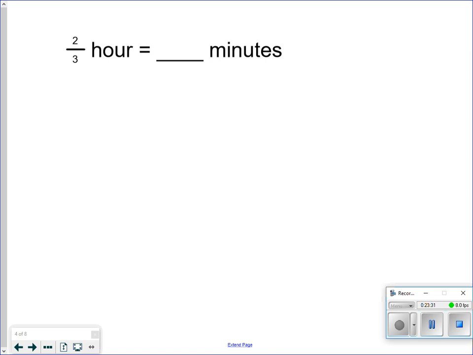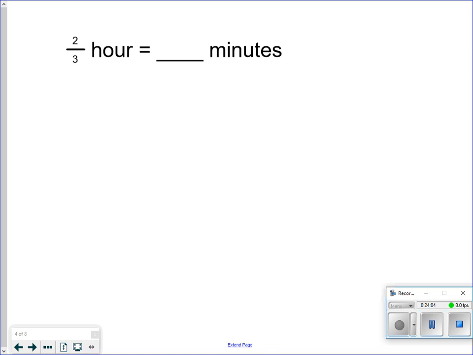So the first thing I'm doing, now again, y'all know that I make a million steps out of everything because I want you to understand where everything is going. Sometimes when you're doing conversions, you multiply. Sometimes you divide. One of my students actually taught me this. If I'm going from a big unit, hour, to a small unit, minutes, aren't hours bigger than minutes?